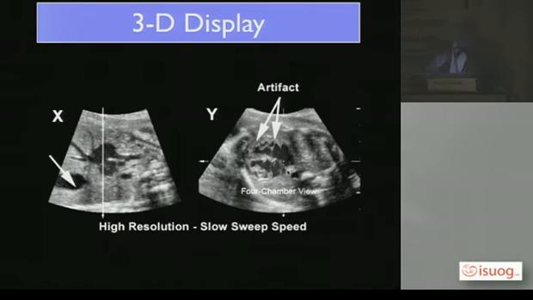If you have real high resolution, the sweep speed is slower, and you may find this artifact to be present. If the sweep speed is really fast, you will not have the artifact, but the resolution will be decreased. So we find a happy medium between the two. The fastest sweep speed, the best resolution. But this shows the artifact that you see with a 3D acquisition.